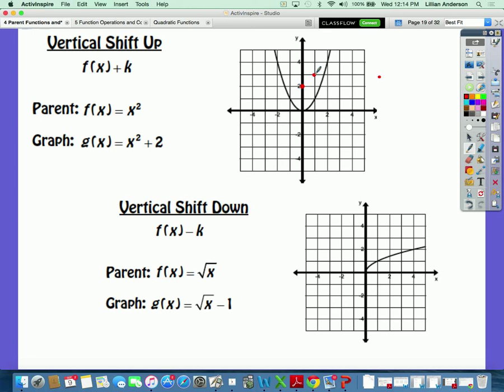Up 2. So it's going to be now at 1, 3. The point that was at 2, 4 is going to be where? 2, 6. I move up 2 units, and I can do that on the other side. Negative 1, 1 is going to be where? Negative 1, 3. And negative 2, 4 is going to be where? Negative 2, 6.